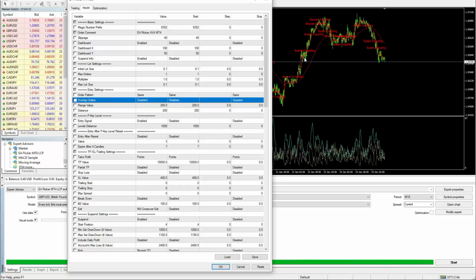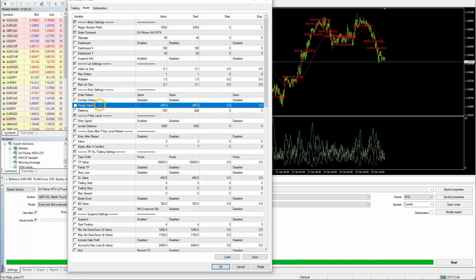Now, what if you can put more positions at that region so that it hits profit faster, rather than the next position that the EA is going to open will be at 400. Okay, so if you want it to be possible to place multiple positions at the same level, just put this to enable. Okay, and then set the values. Okay, so range and distance. Okay, play with it, you see what it does.